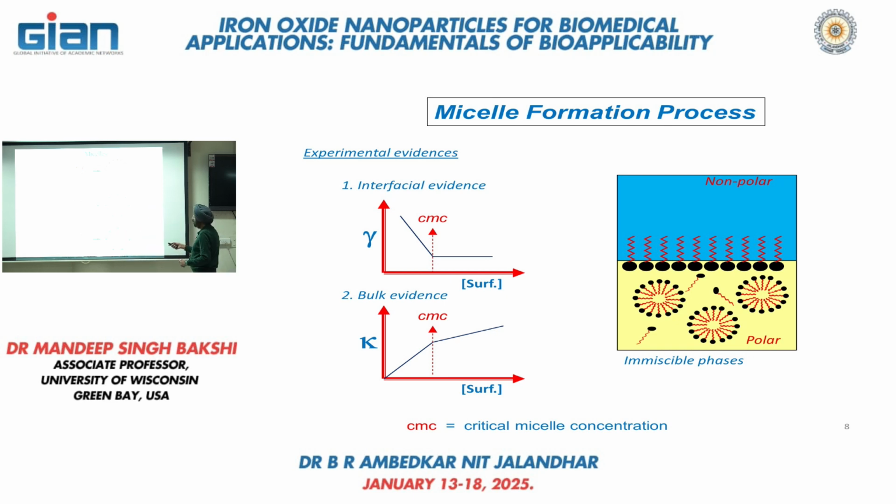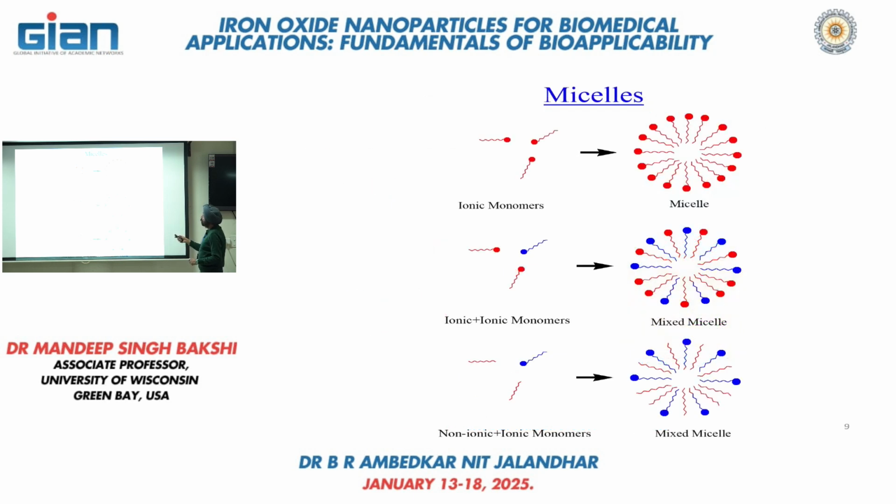Having different kinds of combination, we call them mixed micelles. This aggregate is known as a micelle. When it is of a single kind of molecule, we simply call it a micelle. But if different kinds of molecules are involved to create the micelle, we call it a mixed micelle. This is the example for the ionic and ionic, and this one is for the non-ionic and ionic.